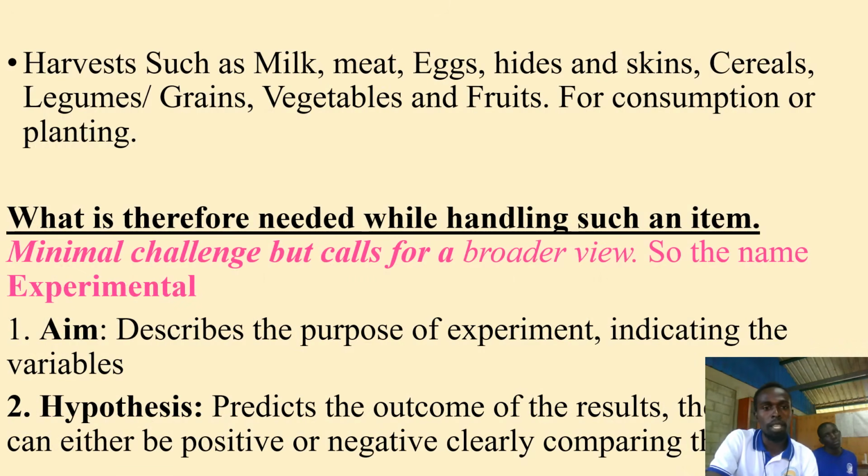Indeed, sometimes the test writer may choose to set something on harvests, such as milk, meat, eggs, hides and skins, cereals, grains, legumes, vegetables, and fruits for consumption, to check if they have the right qualities, if they are adaptable for consumption, or for planting, especially the seeds, if they are viable and can be planted.